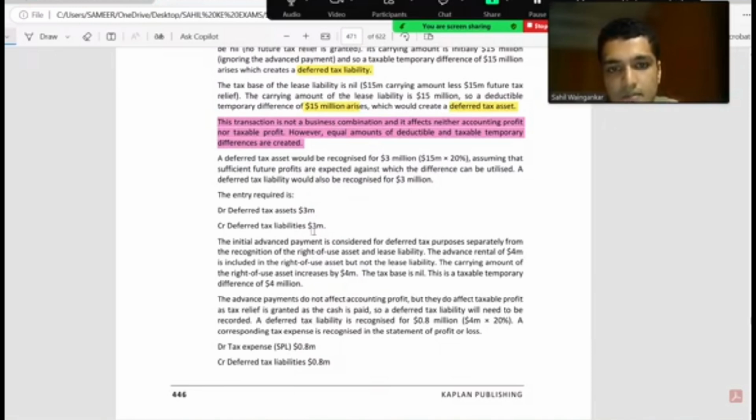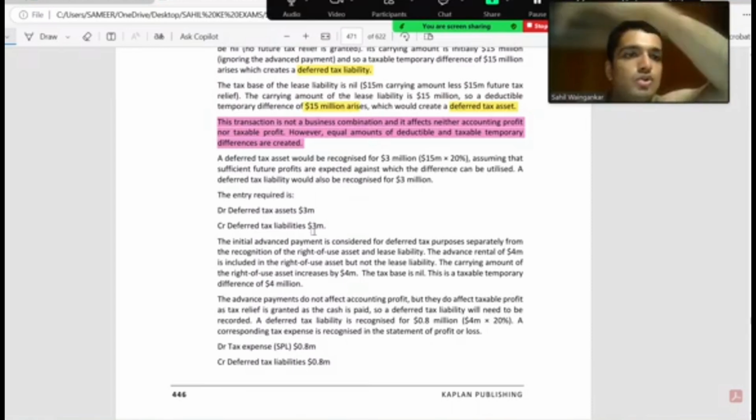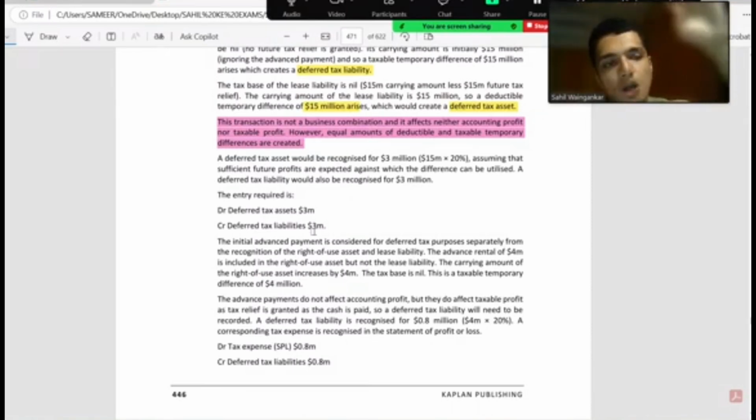Then the initial advance payment is considered for deferred tax purposes separately from the recognition of right of use asset and lease liability. The advance rental of 4 million is included in the right of use asset but not in the lease liability. Meaning, look, the lease liability of 15 million is shown because the 4 million has already been paid through P&L debit. But in the right of use asset, the 4 million is still showing, right? Meaning the right of use asset we actually recognized was 19 million, so that's why the difference shows up in the ROU as 4 million. So the tax base is nil.